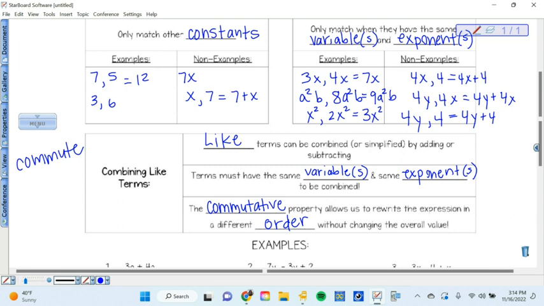You've never heard this word before? Yeah, to travel or move. Like your commute to work is just how you get to work in the morning. So it's travel. That commutative property allows us to move terms around. That's why 3 plus 2 is the same thing as 2 plus 3. I can move the terms around and they still are equal.